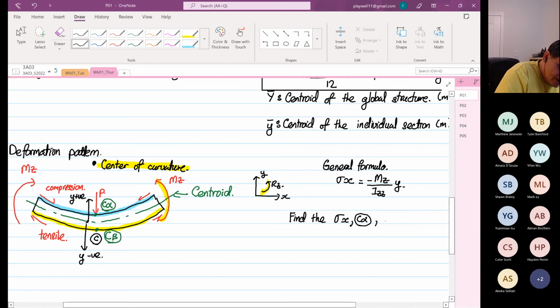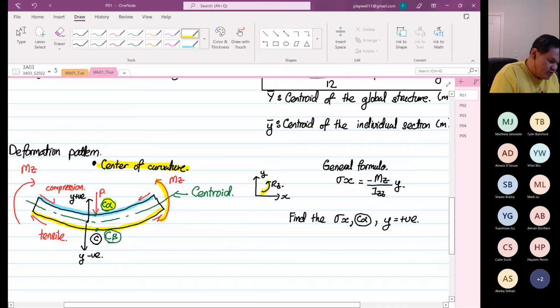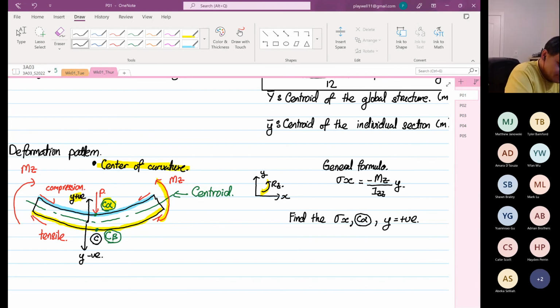we know that y is going to be what? Positive. Why is y positive? Because at point C alpha, relative from the centroid, y is positive. It's pointing towards the center of curvature.